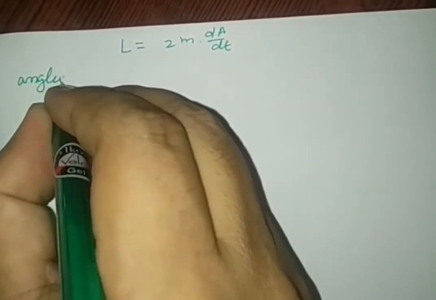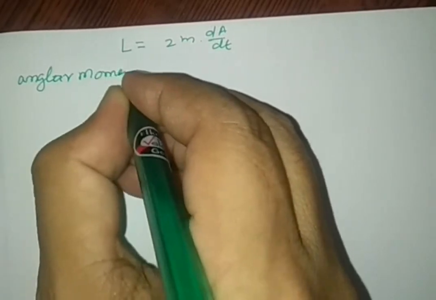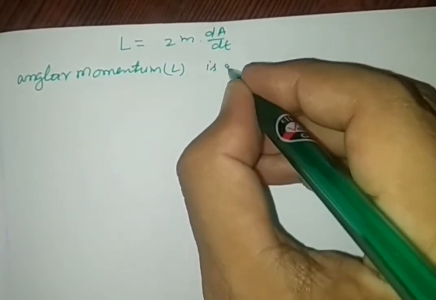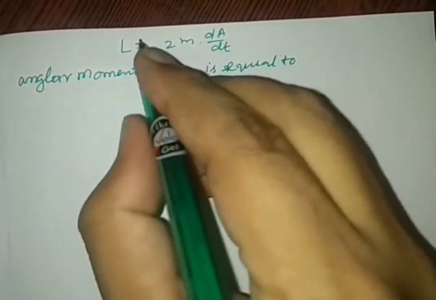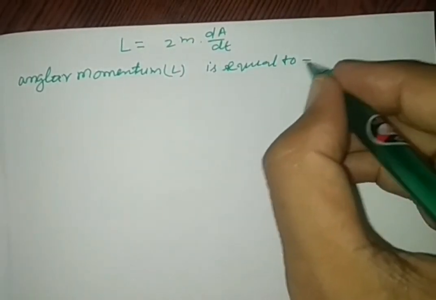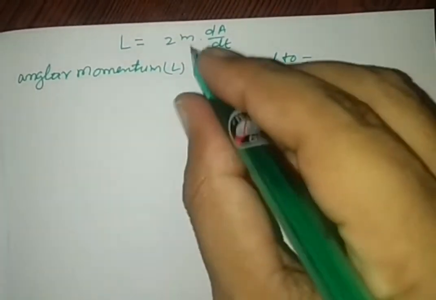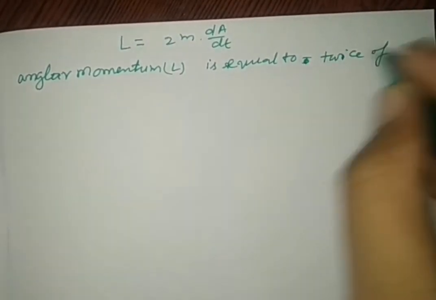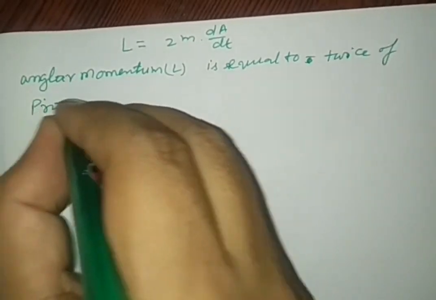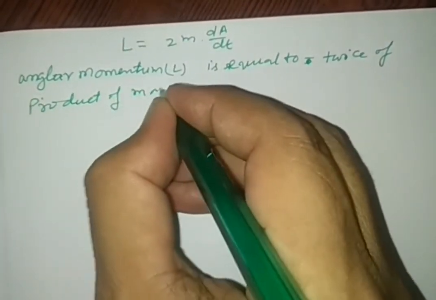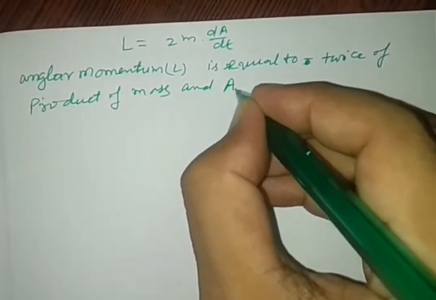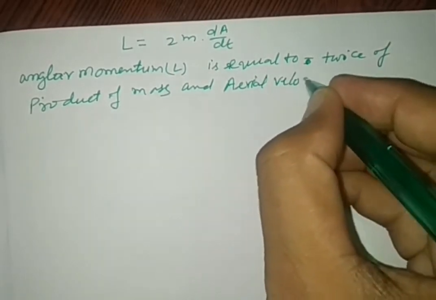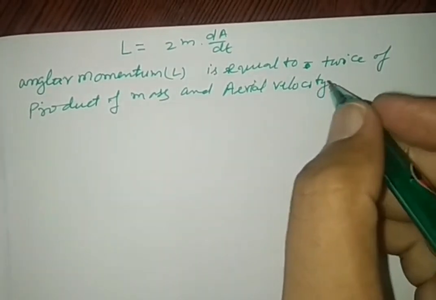So we may write angular momentum L is equal to twice the product of m and dA by dt, that is, twice the product of mass and areal velocity, right?